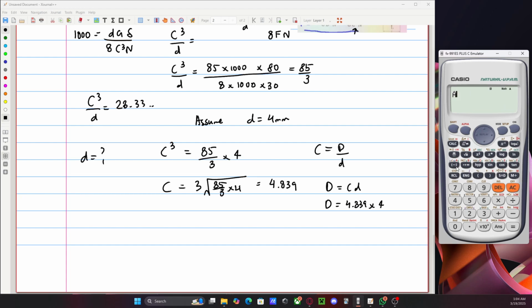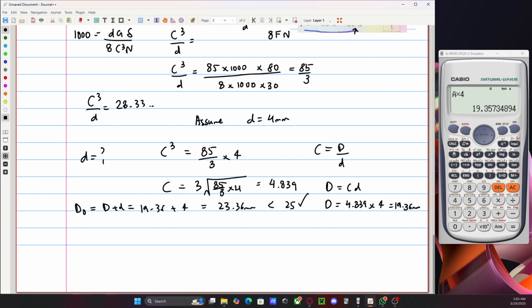So when I do A times 4, we have what we wanted: 19.36 millimeters. Now, if we add D plus d, that is 19.36 plus 4 millimeters, which is 23.36, less than 25, so that's good.